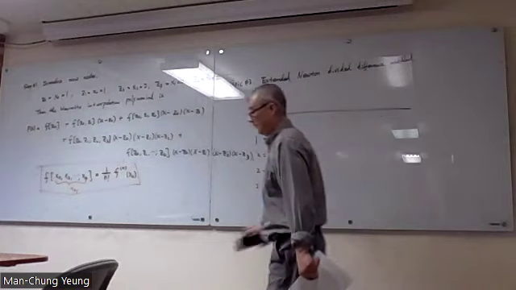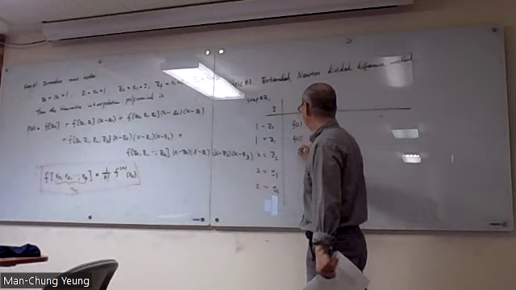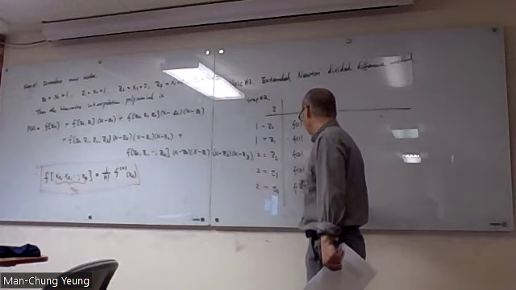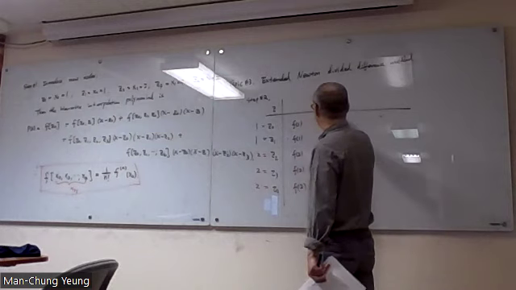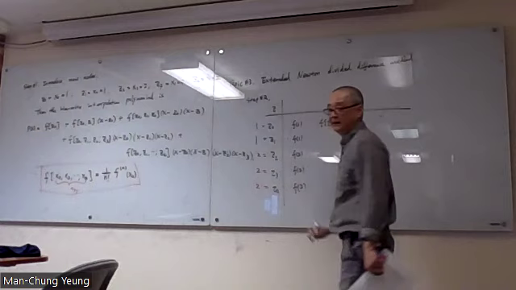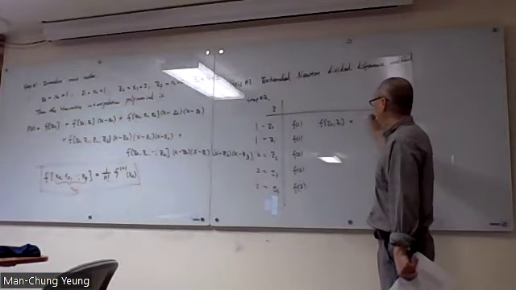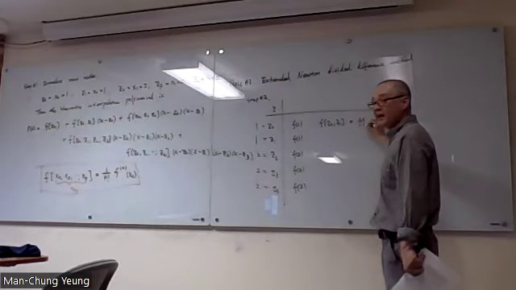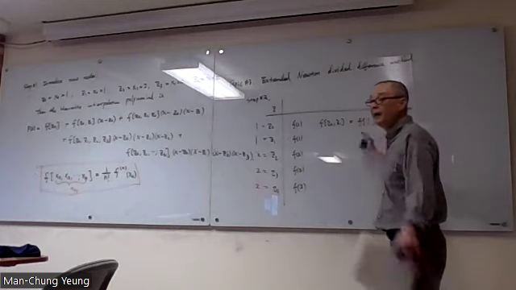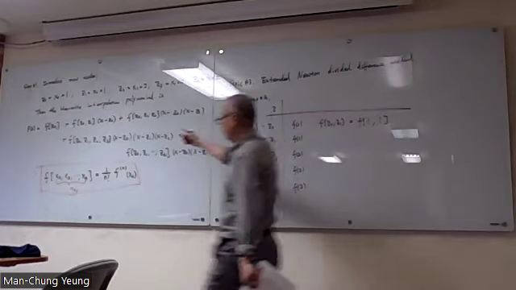This is F1, F1, F2, F2, F2. So now I want to compute F[C0, C1]. What is that? C0 is 1, C1 is 1. You agree? Yeah, right.